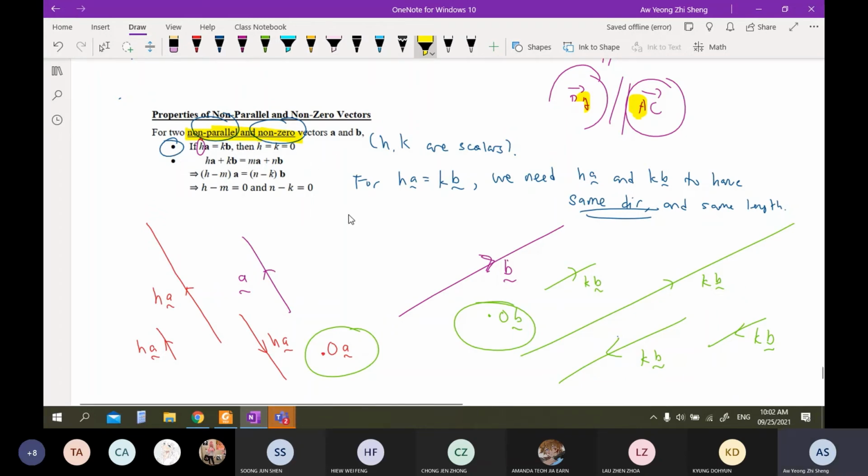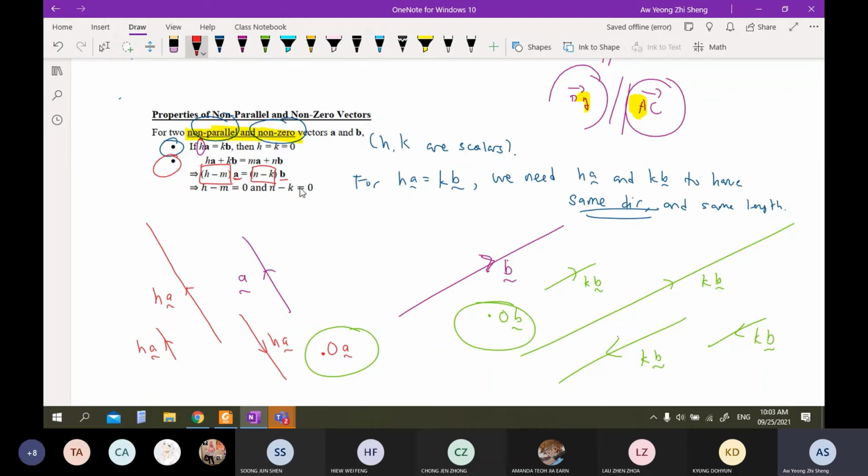The second bullet point is just an extension of the result that we have in the first bullet point. So here they are saying if you are given an equation, HA plus KB equals MA plus NB, you can always move the terms around such that A goes to one side and B goes to the other side. Then H minus M is just a number, N minus K is another number.